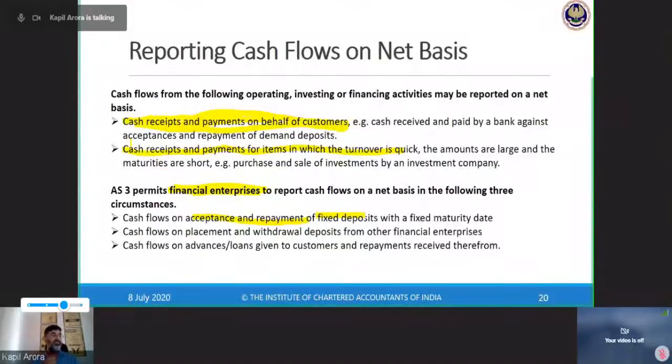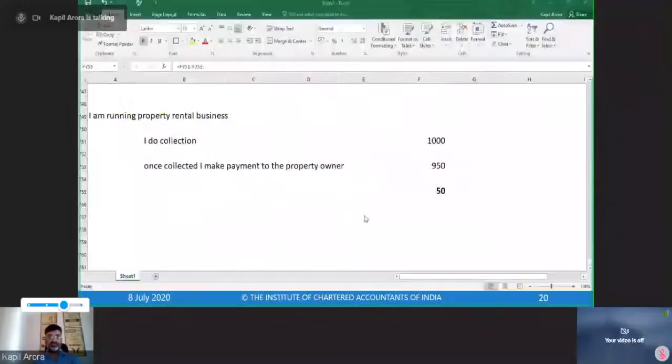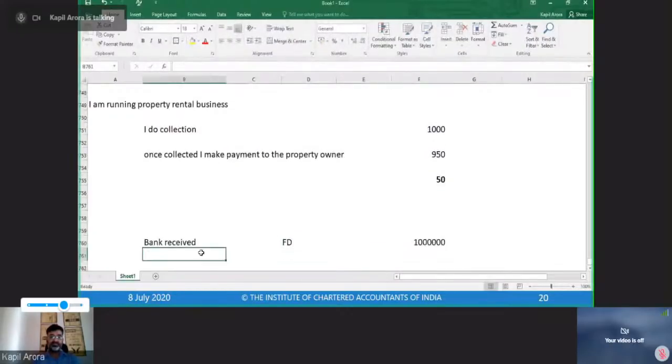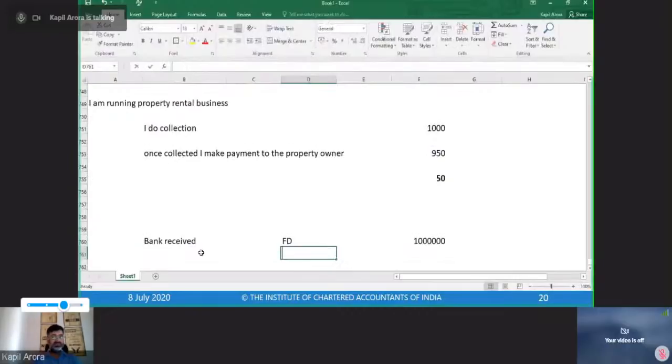Okay, first let me complete this, then I'll come to your point. One is that somebody came in, the bank received this year fixed deposit of 10 lakh, whereas fixed deposit broken is 9 lakh.